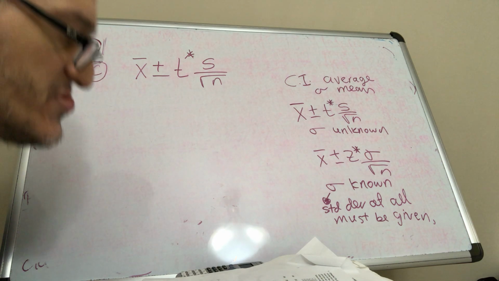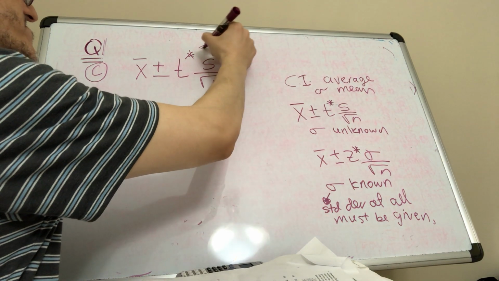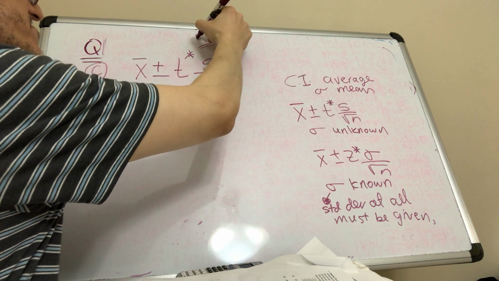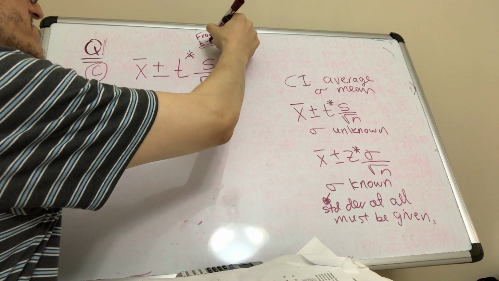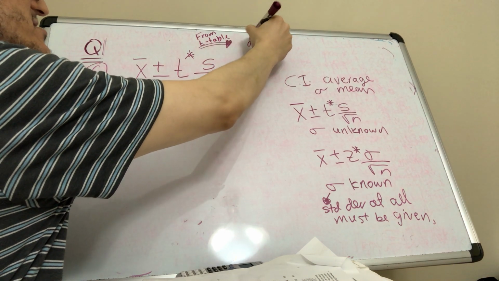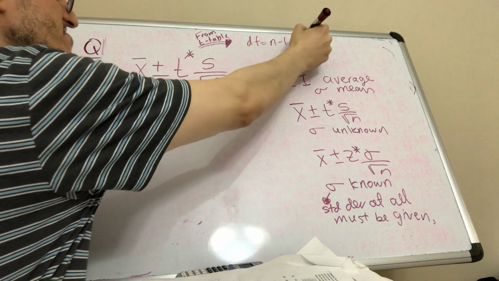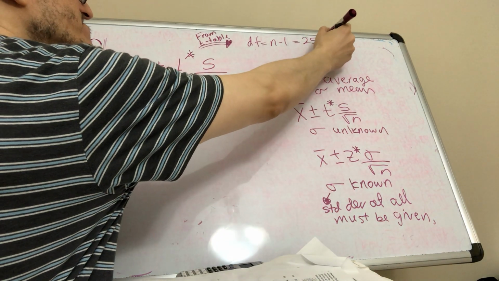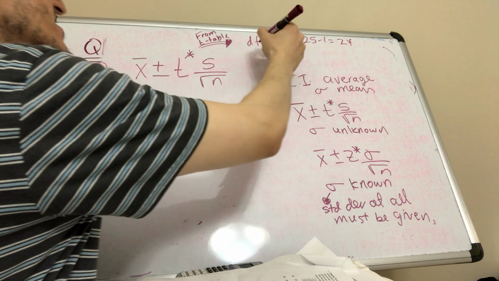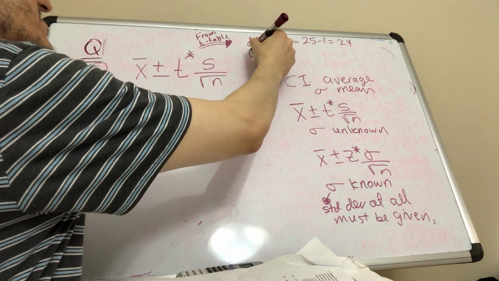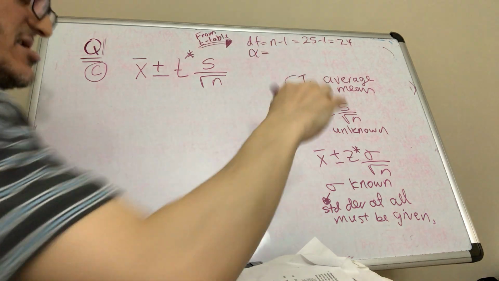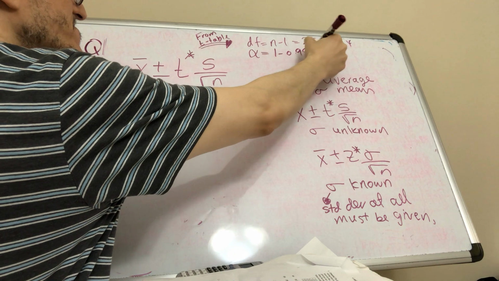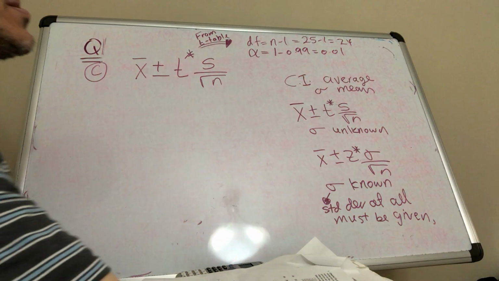Now, to do this, we need t star. To get the t star, we get it from the t table. We need degrees of freedom, that's n minus 1. Sample is 25, minus 1, 24. And alpha: if they ask for 99%, alpha is always what's left, 1%.